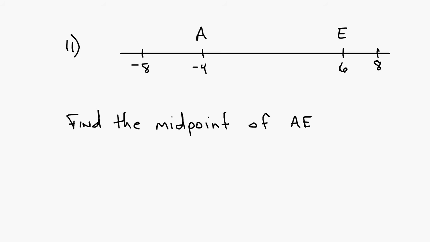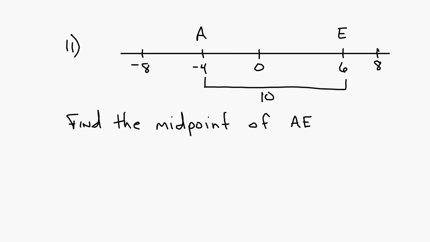Can anybody tell me how far is it from A to E? If you start at -4 on the number line and you go to 6, there's a 0 in here, right? So how far is it from A to E? 10. All right, what's half of 10? 5. So wouldn't the midpoint be 5 units away from A and 5 units away from E?